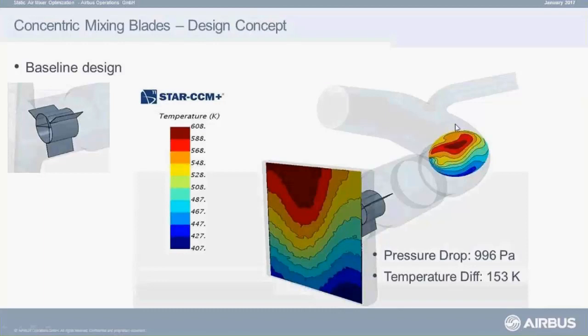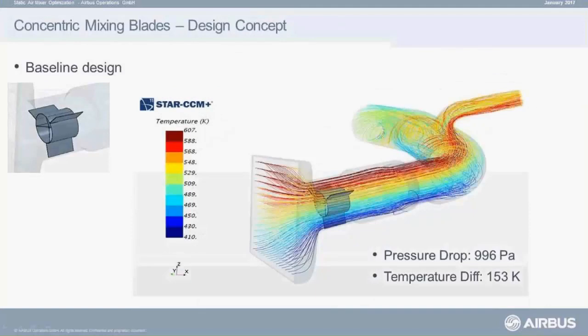So this plane here represents the plane where the temperature sensor is located, which means that if you have different conditions, perhaps a lower flow, the temperature sensor might not measure a representative temperature, which is a problem for us. And when we look at the maximum difference here, we have roughly 150 Kelvin of temperature difference. And if you remember, our target was 12 Kelvin.